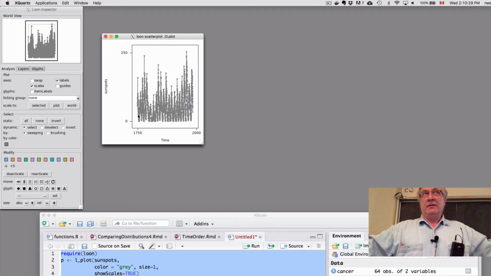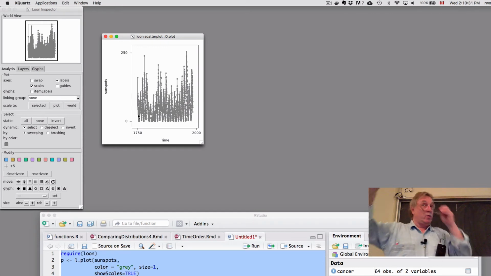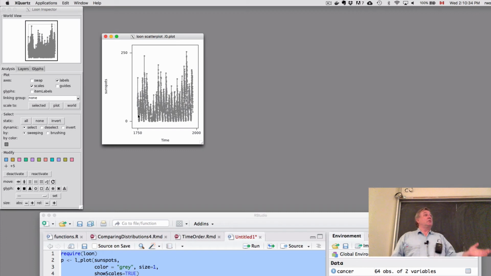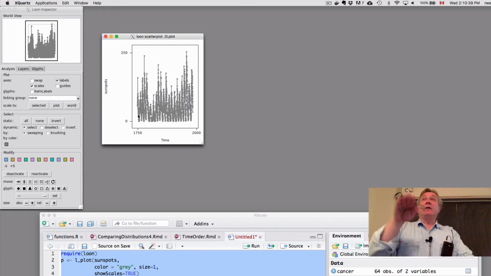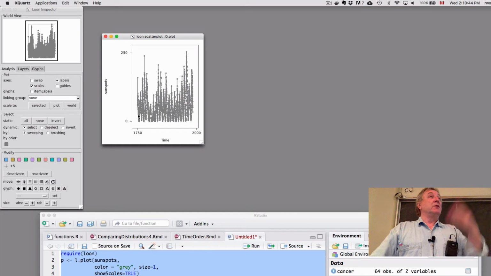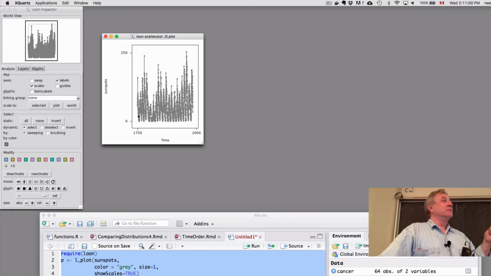Do you remember when we talked about encoding one number and what works and what doesn't work? We talked about position along a common scale. That works best, being able to tell the differences. What else did we talk about? We talked about area, length. We talked about angle. Right? Angle is not so good, not as good as position along a common scale. What angles are we good at telling the differences between? You don't remember?